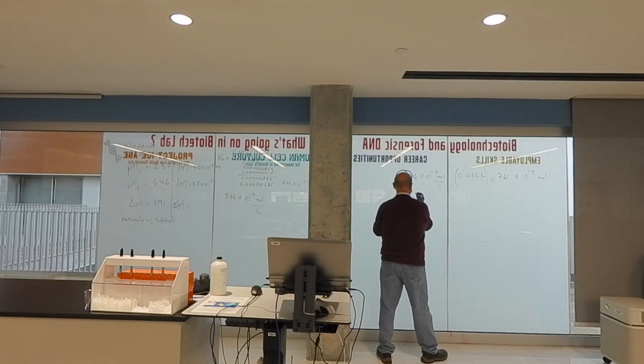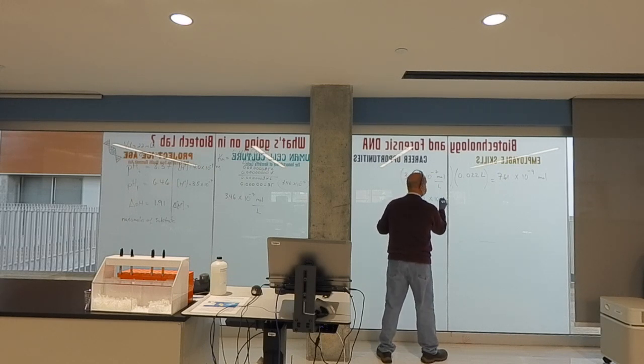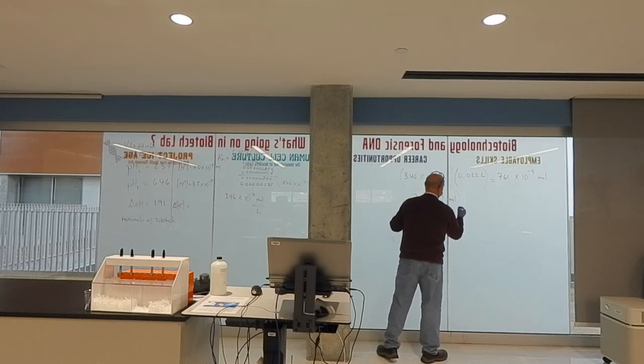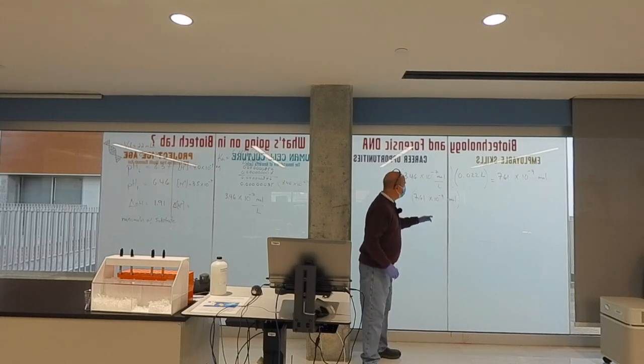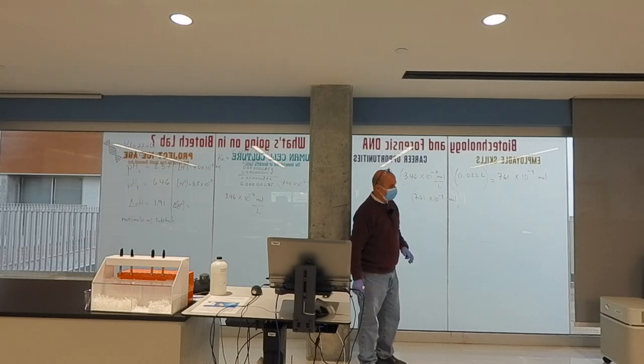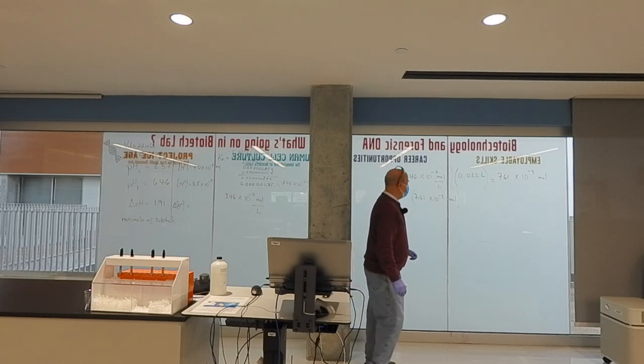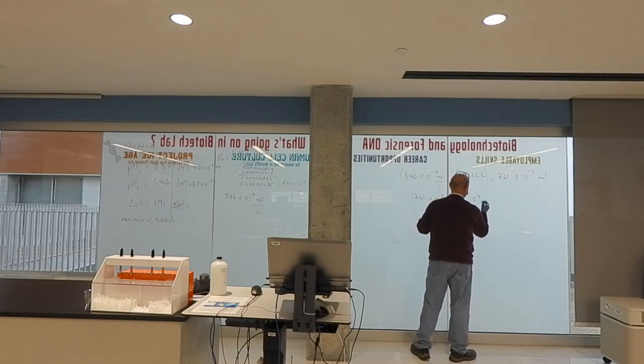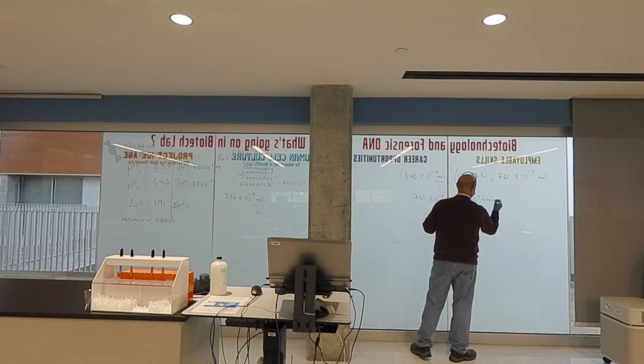So we're going to say 7.61 times 10 to the negative 9 mole times a conversion factor that relates moles to nanomoles. 10 to the 9th nanomoles are 1 mole. Right?